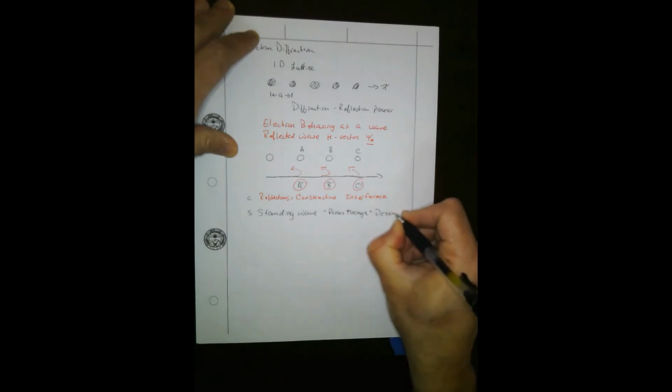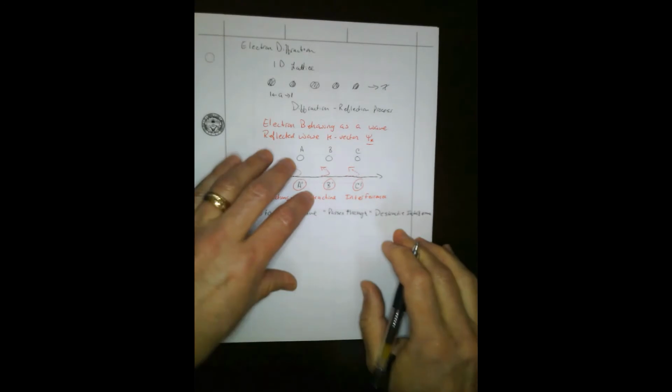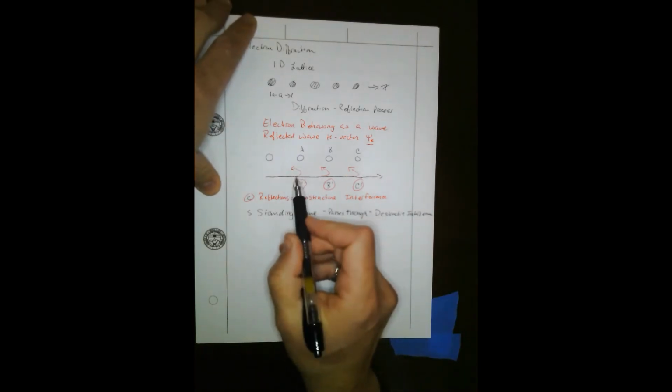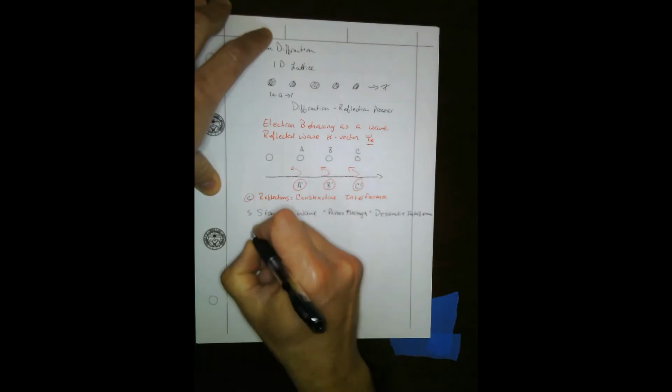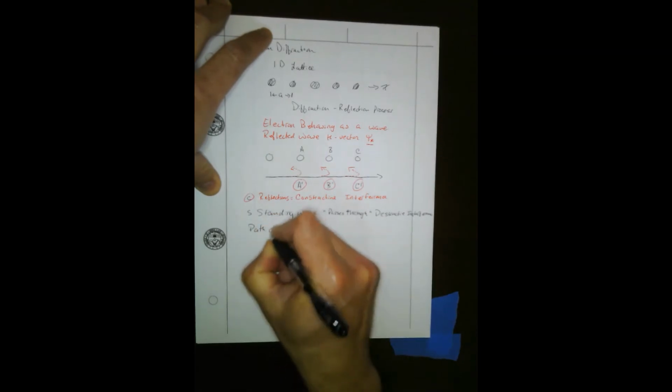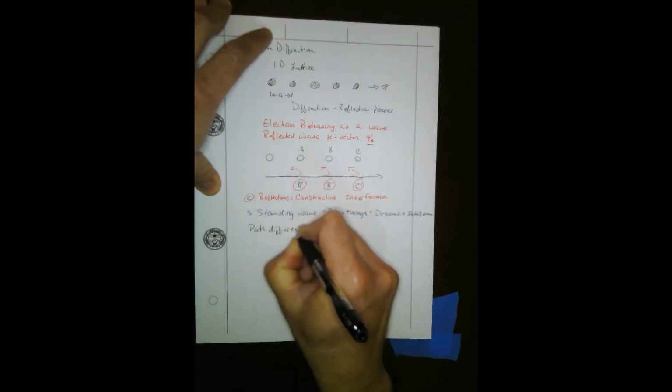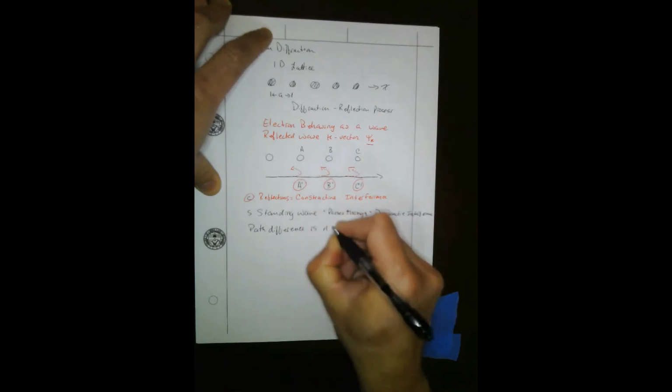And this is destructive interference. I went off the paper there, destructive interference. This bounce back wave now has a path difference, and we always say the path difference is n lambda.